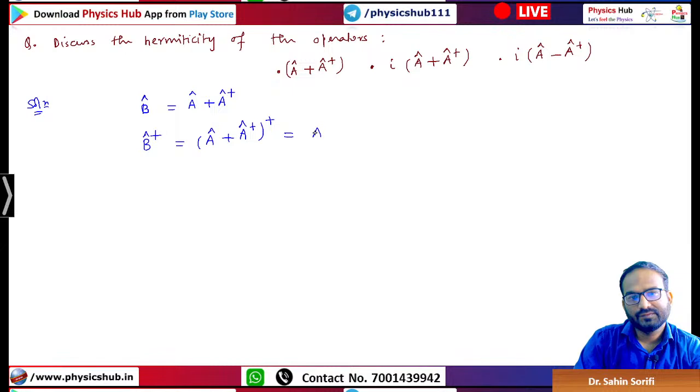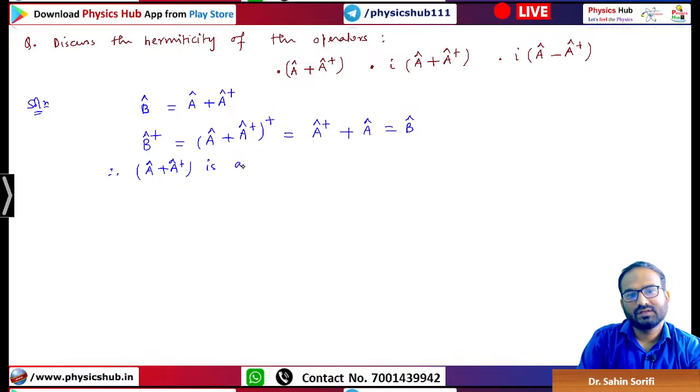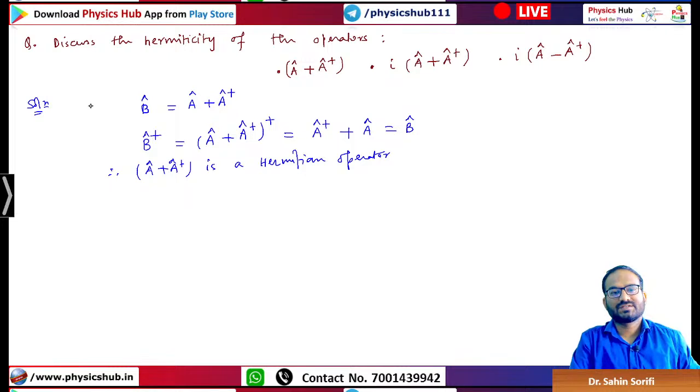This will give you A dagger plus A. So this gives you back B. So we can say that A plus A dagger is a Hermitian operator. Okay, the first one is done.